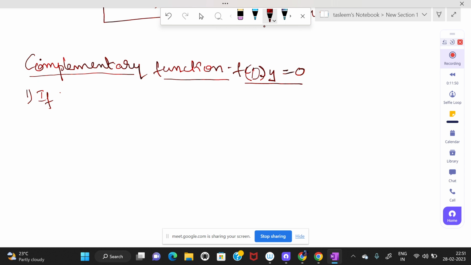So first case, if roots are real and distinct. Distinct means what, Aditya? Distinct means different. It's going to be different values. Yes, ma'am.